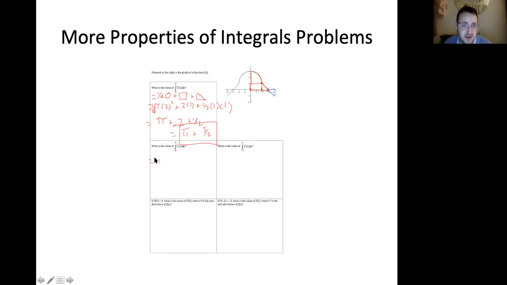So I have pi, and I can use calculations that I've already done before, plus 2 plus 1/2. But we see that we have a little symmetry, so we're actually going to minus that 1/2. So I'm just going to put that in blue. And these cancel out, so you would just be left with pi plus 2.